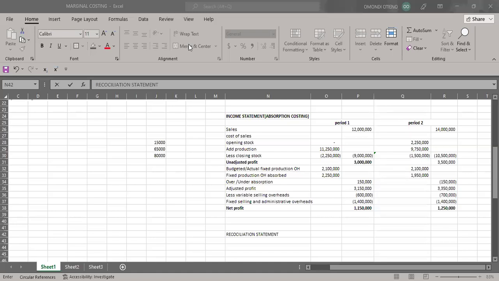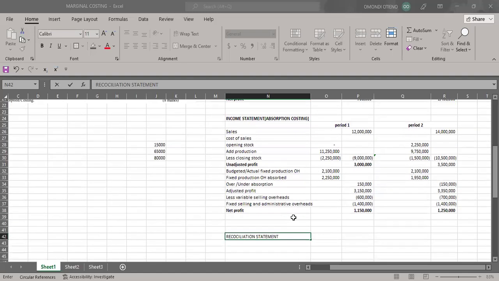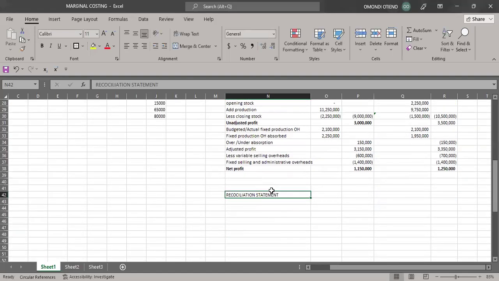Of course, we have to understand this part before we move to the reconciliation statement. Good. So are we okay with the first part? Great. So let's move to the next part.